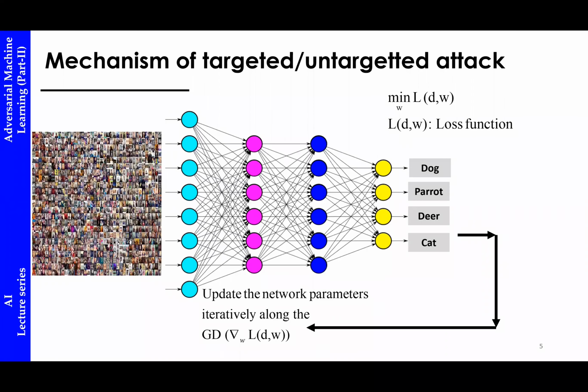Okay, let us start with targeted and untargeted attacks. As you know, artificial intelligence systems are very powerful in numerical optimization. They can deal with big data. For example, you can feed a collection of data to the network.